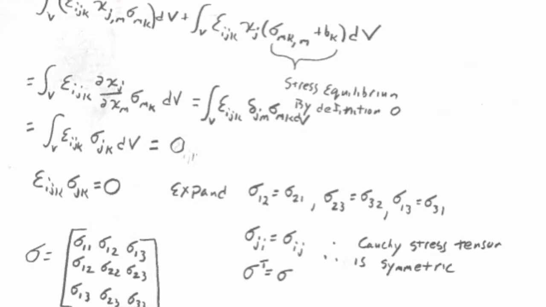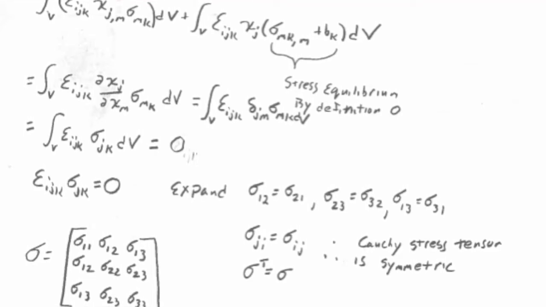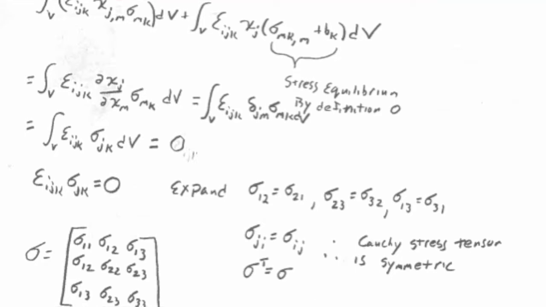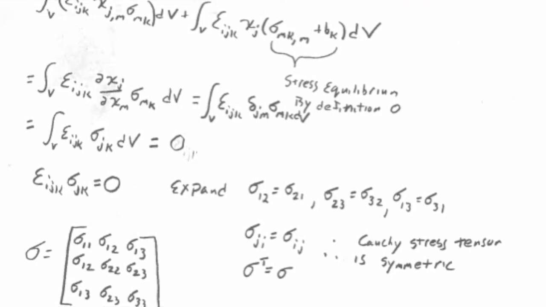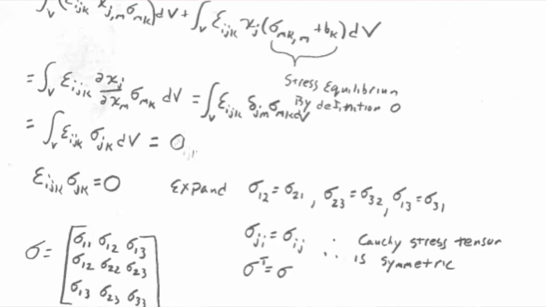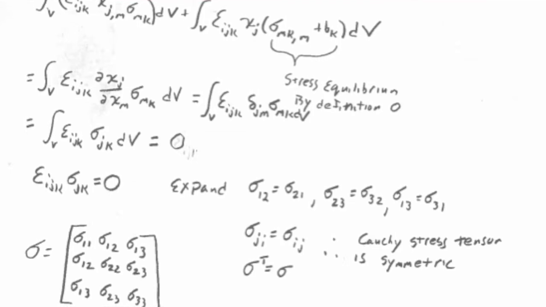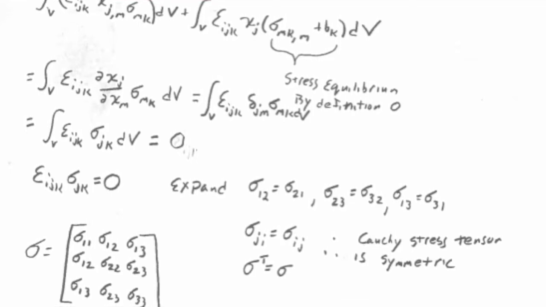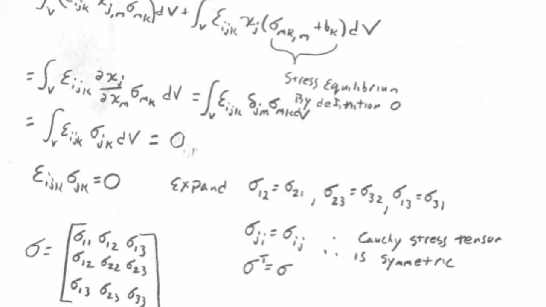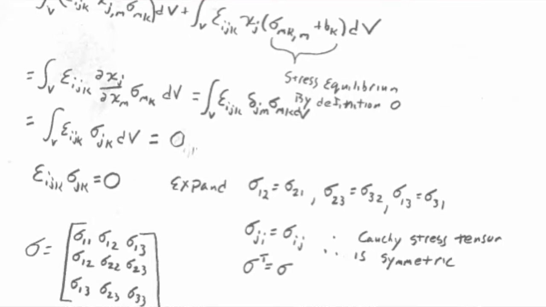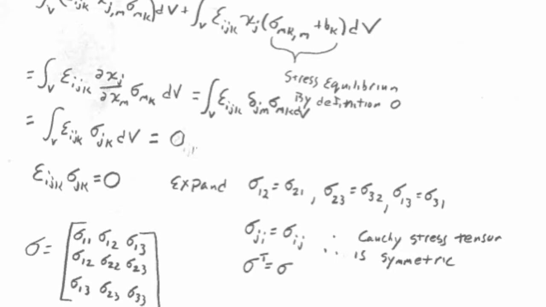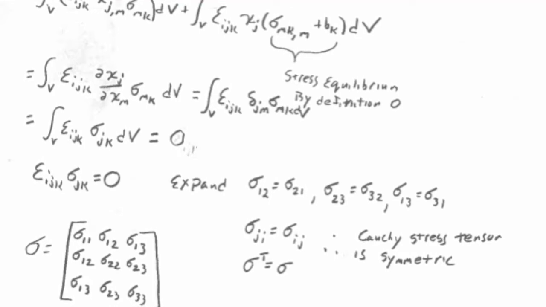Right? And the other off-diagonal components, we end up with those same equations. So we end up with the general sigma_ij equals sigma_ji, or that the stress tensor, the Cauchy stress tensor, has to be symmetric.